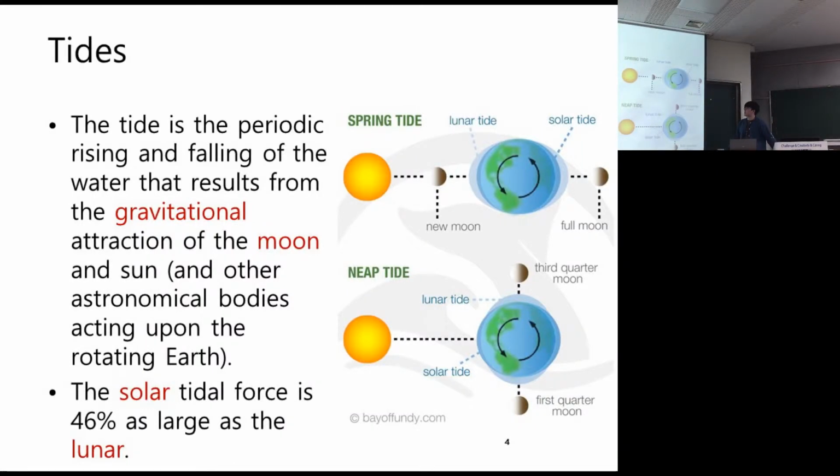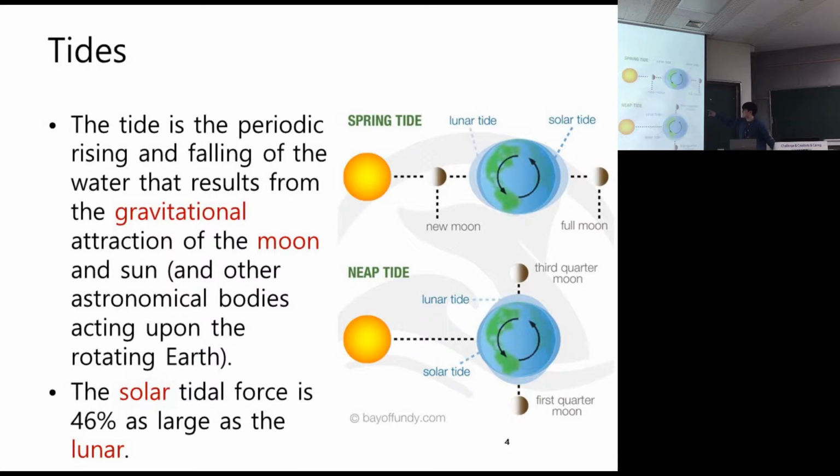So why do we have tides? Tide is formed because of the gravitational interaction between the moon, the sun, and the earth, mainly because of the moon. And here it says that the solar tidal force is 46% of the lunar tidal force.